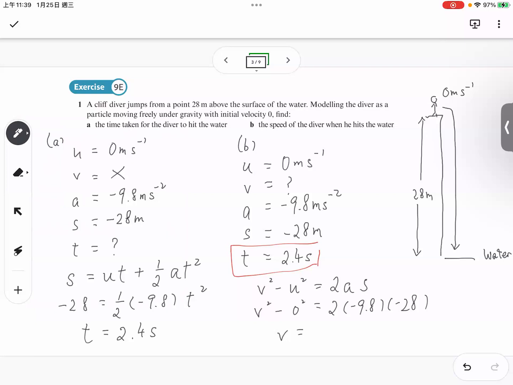The answer of this one is 23.4 meters per second. So this is the answer of question 1. Okay, you can pause the video to make sure that you get all of the information, and you can put it in your notebook so you know how to do it.